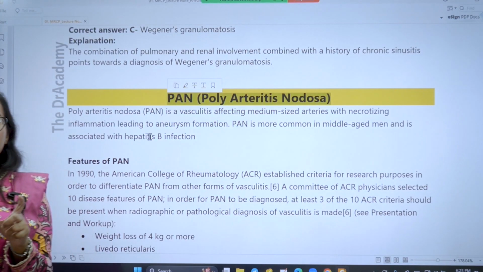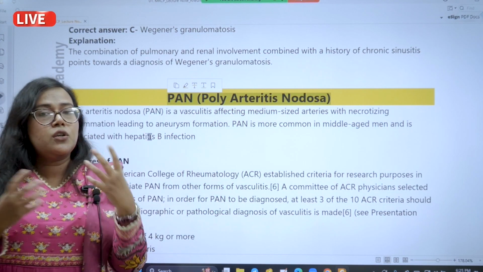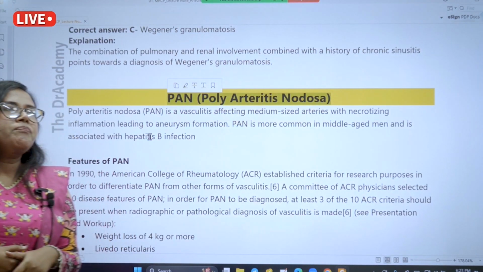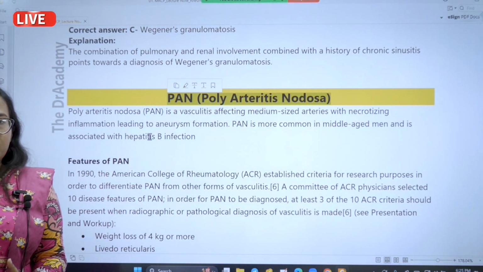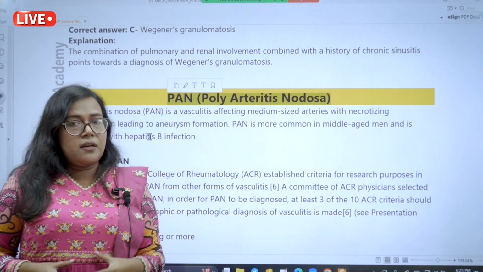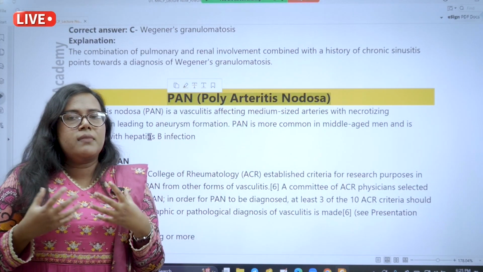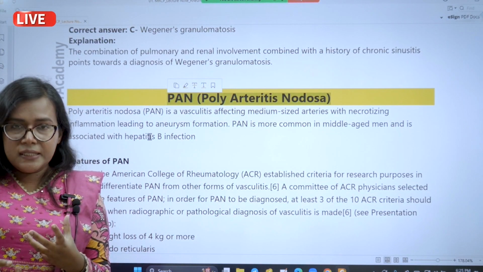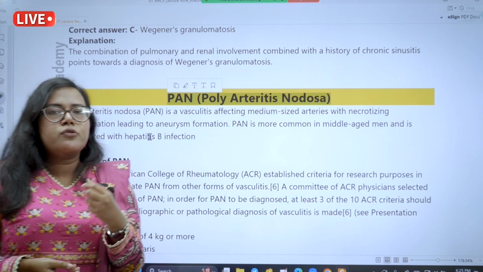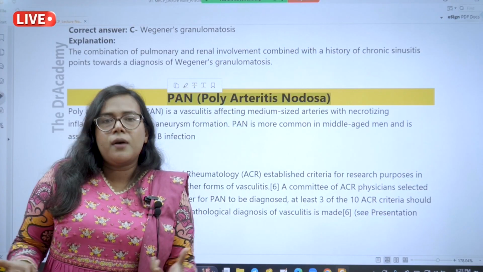Polyarteritis nodosa has a couple of distinct features that make it a unique diagnosis. For example, necrotizing inflammation in the intestinal vessels can lead to mesenteric ischemia, and with mesenteric ischemia, the pain is very distinct. Even with a small amount of food or maybe even a glass of water, the patient will scream out in pain.